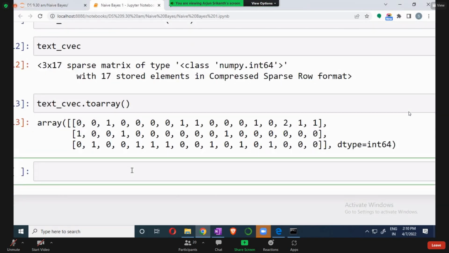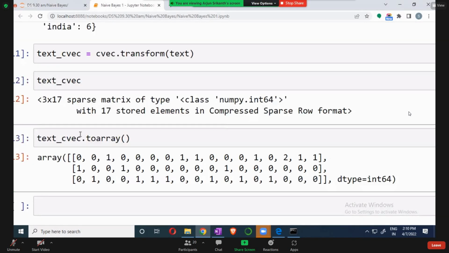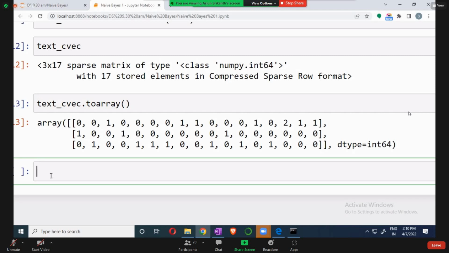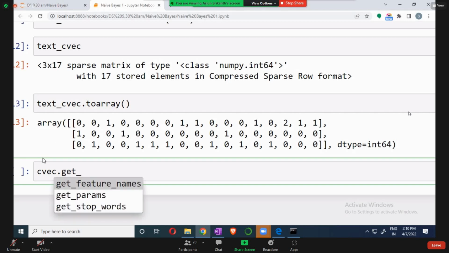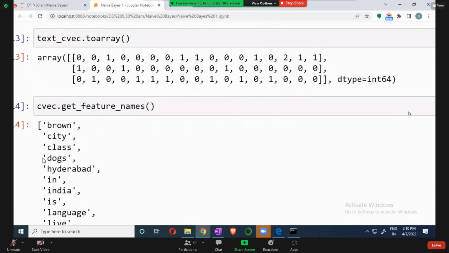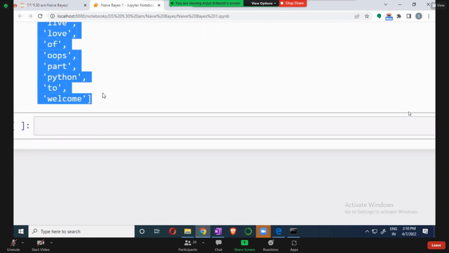Got it. Now in this, what is the first word over here? cvec.get_feature_names. When I do this, I will get the names. Now you see this. Okay, guys, observe this.